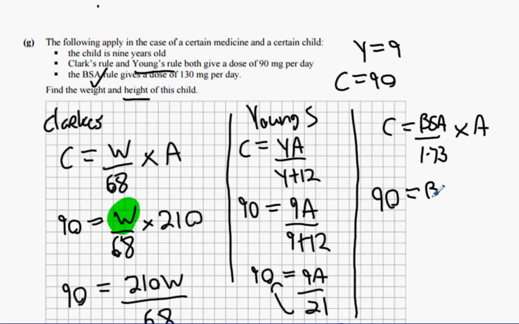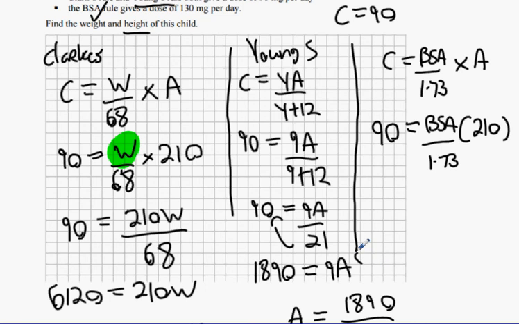C equals 90. BSA, I don't know what it is, but I know that's 1.73 and I know the adult dosage is 210. We're going to use a letter to represent BSA. Just call it B. Okay?